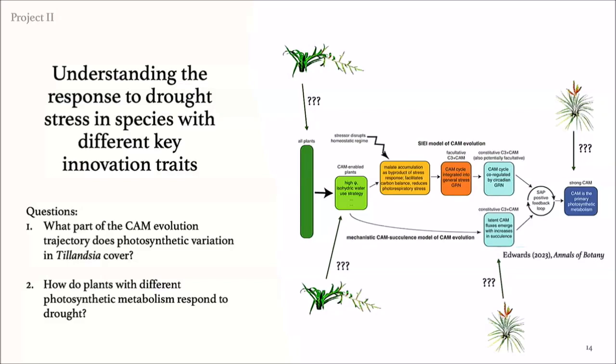So this project is more or less asking that, and also trying to understand how the two extremes, let's say, react to drought, which, in this model of a stress-induced evolutionary innovation, should be the driver of this evolutionary trend.